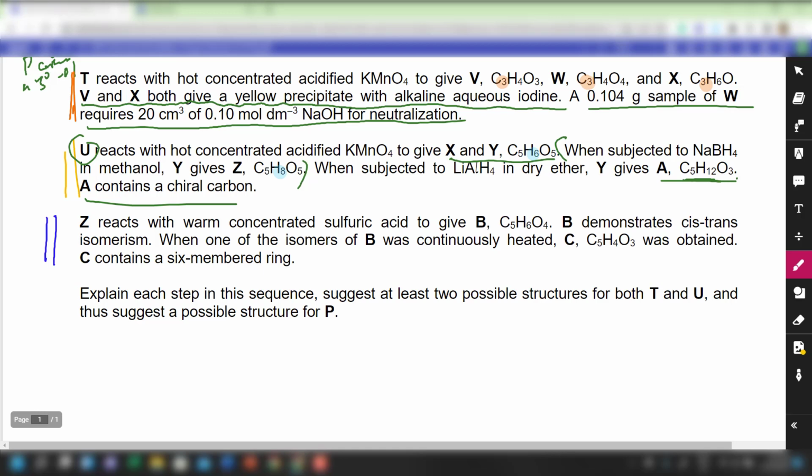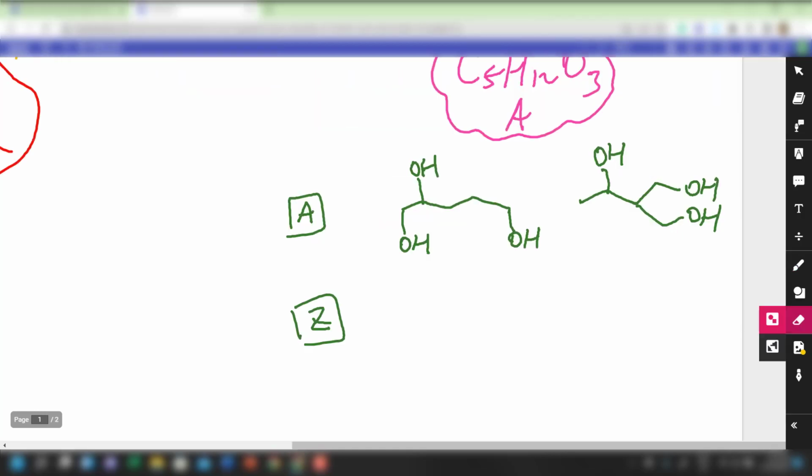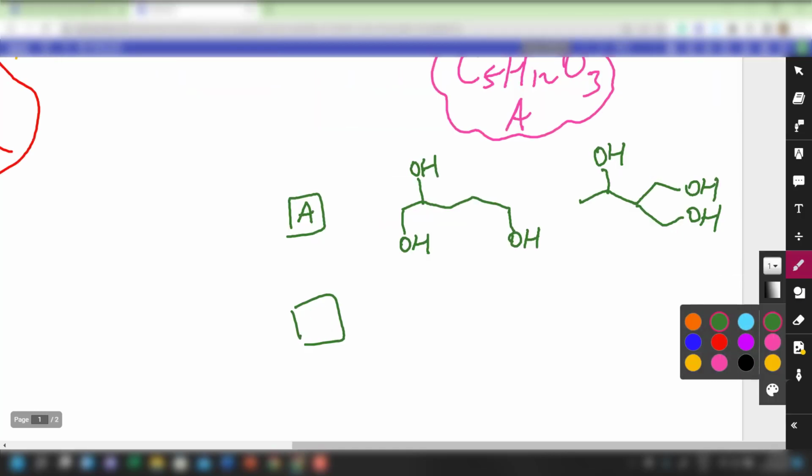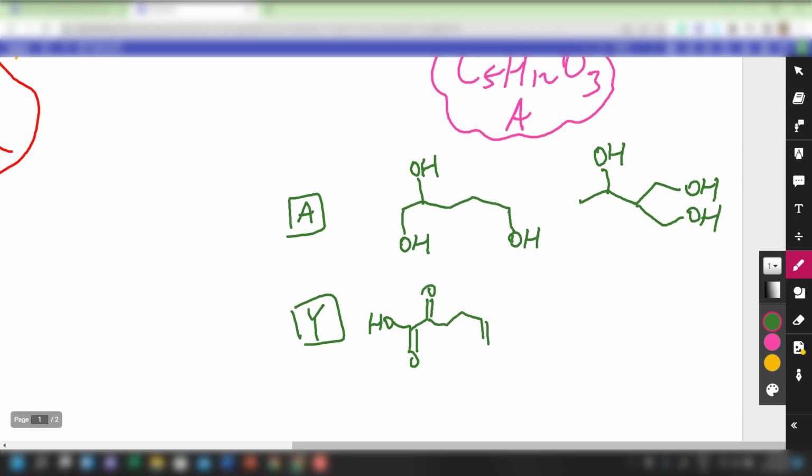If that confuses you, then maybe I shouldn't put Z first. Maybe I should just put Y. So the potential structures for Y will be as follows: like this, like this, like this. Am I right to say that? And then for the other candidates, it will be like this.